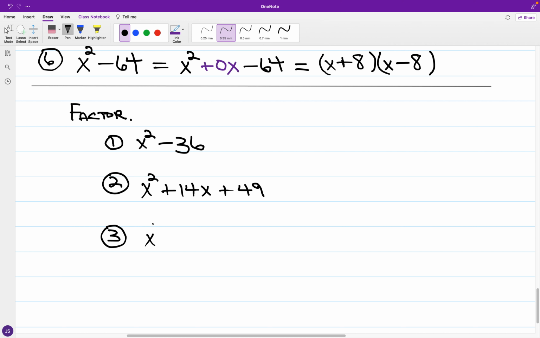Now say we have x squared minus 10x plus 24. Okay, so for the next few moments, let's see what factors we get for these polynomials.